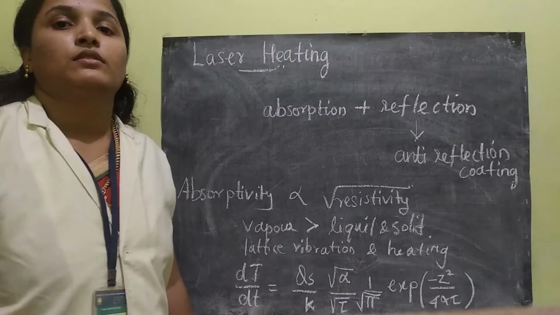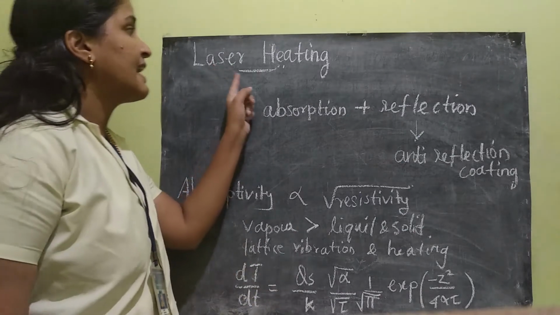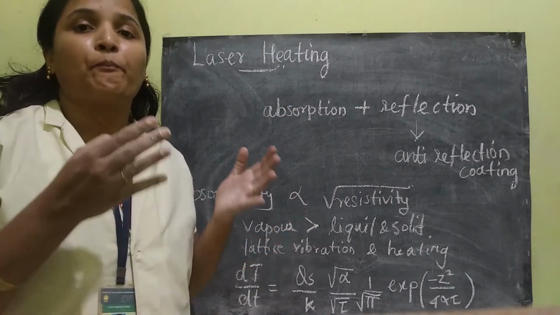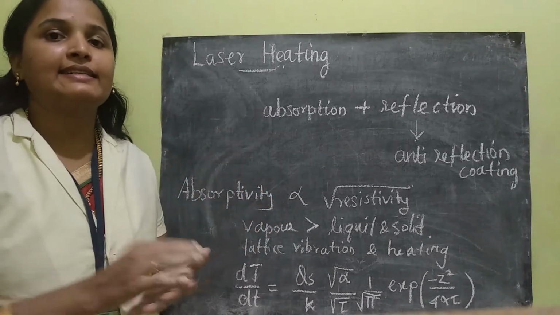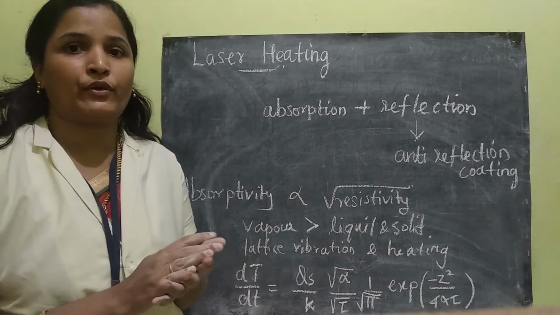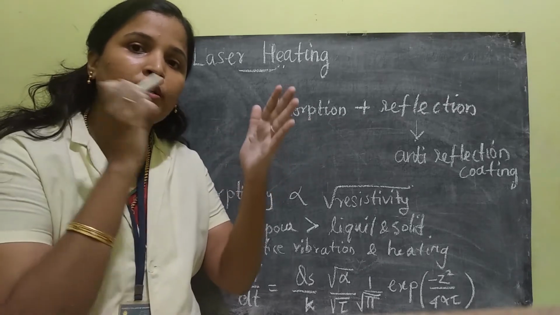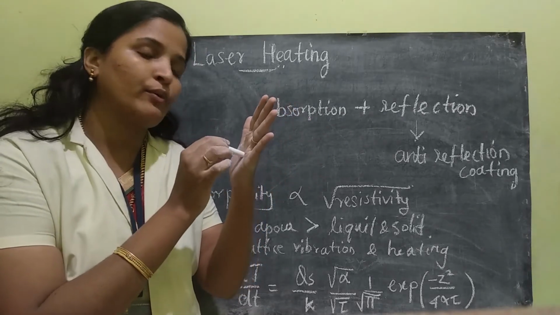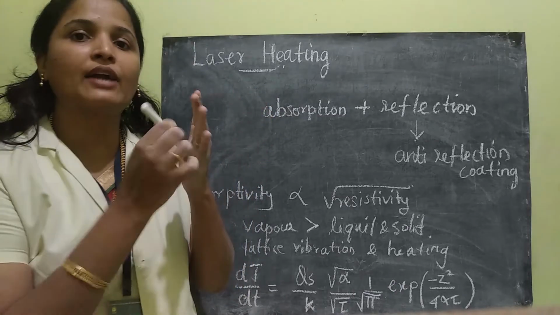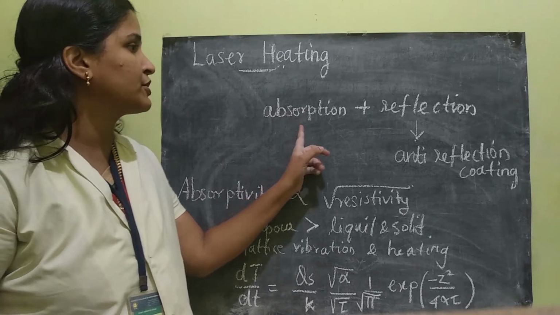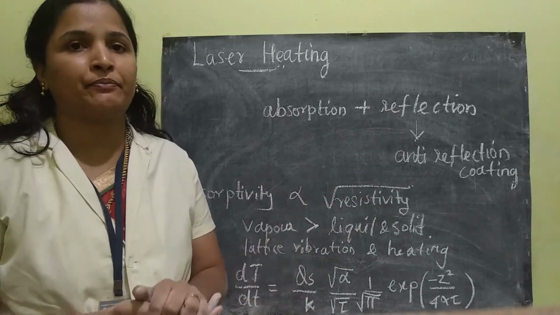Now let's see laser heating. When a laser beam or laser light is incident on a material, two things happen: part of the wave will be reflected and part will be absorbed by the material.